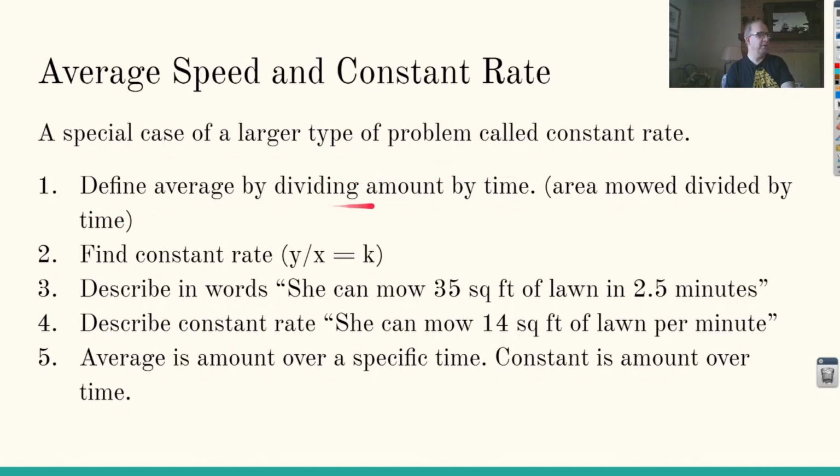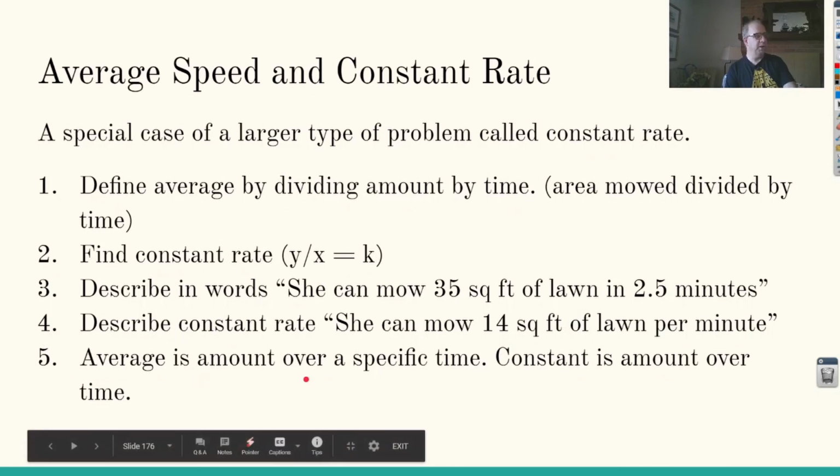Define the average by dividing amount by time. That is our constant rate. y divided by x equals our constant. So in words, we would describe it as she can mow 35 square feet of lawn in 2.5 minutes. The constant rate is she can mow 14 square feet of lawn per minute. The average amount over a specific time is the constant over a unit of time.